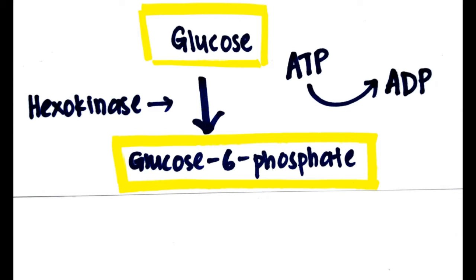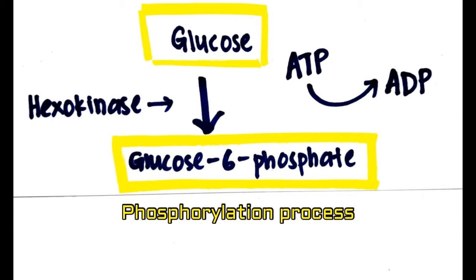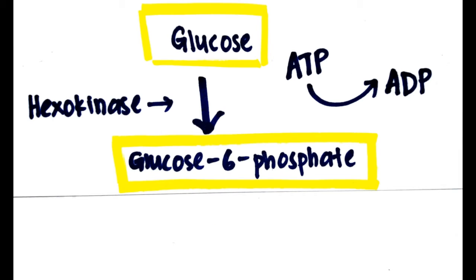The role of ATP here is to provide the phosphate group as well as the energy required to attach the phosphate group to glucose. ATP is hydrolyzed to ADP and energy is released at this stage. This stage is called phosphorylation. Glucose now becomes glucose 6-phosphate.